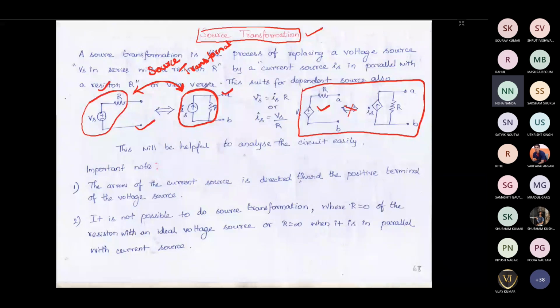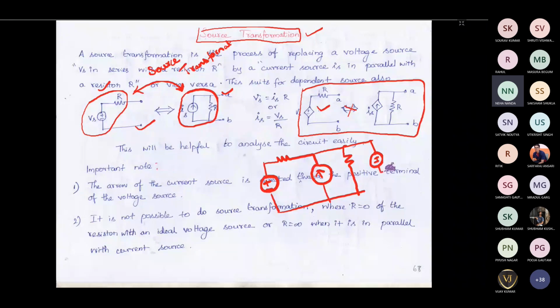For example, suppose you have a voltage source like this with a resistor, then you have a current source. Let's say you have a resistor here, and a voltage source with a resistor here.